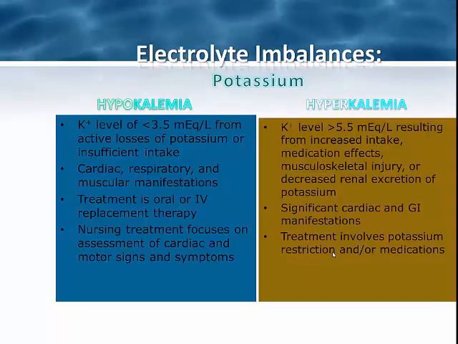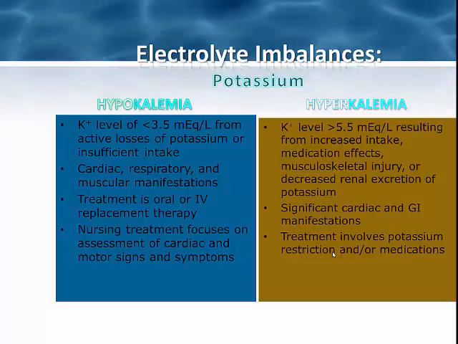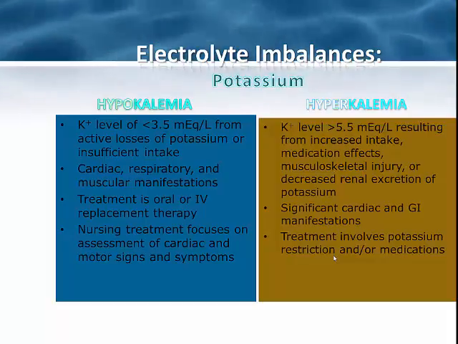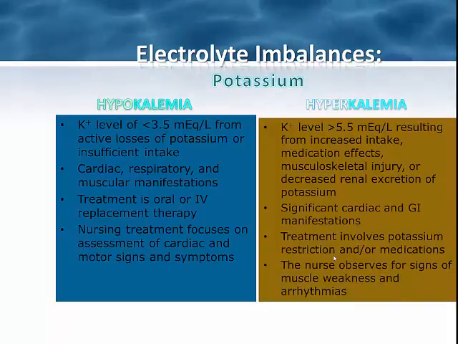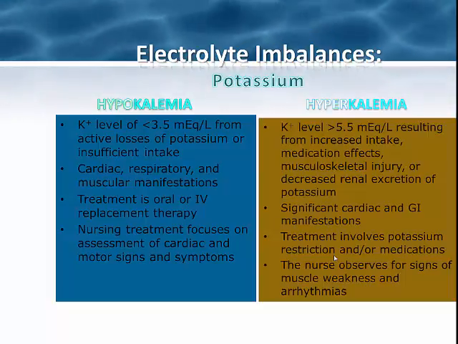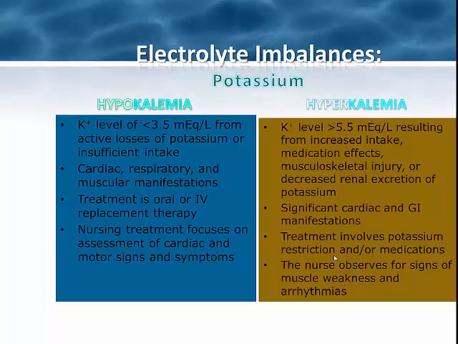Treatment involves potassium restrictions and or medicines like we mentioned, calcium gluconate, insulin, bicarb, and loop diuretics. And the nurse must constantly observe for muscle weaknesses and changes in the cardiac. Remember, elevated T wave with this area.